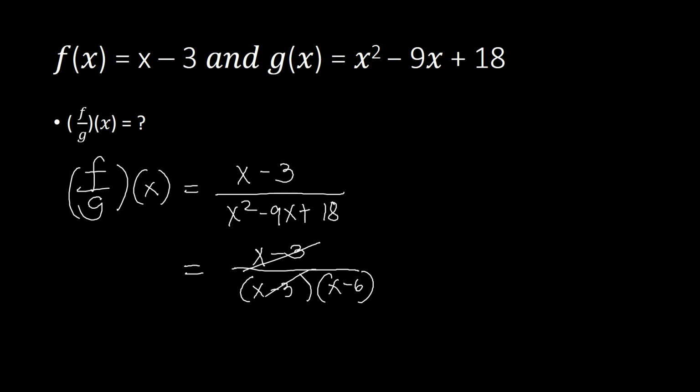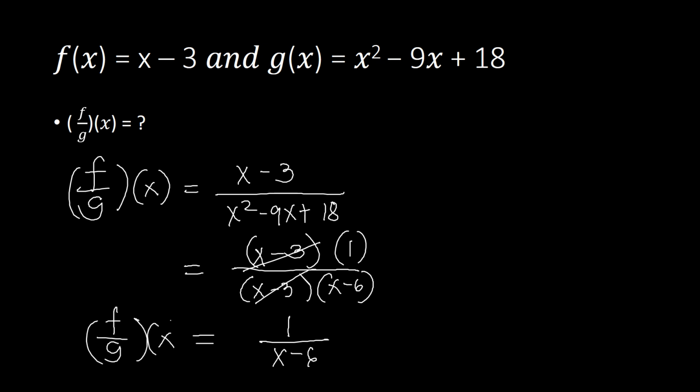Canceling this one here, we've got x minus 6. Even though we cannot see any number on the numerator, always remember that once we cancel this factor, there is another factor left, which is 1. So that will now be f over g of x, which is equal to 1 over x minus 6.